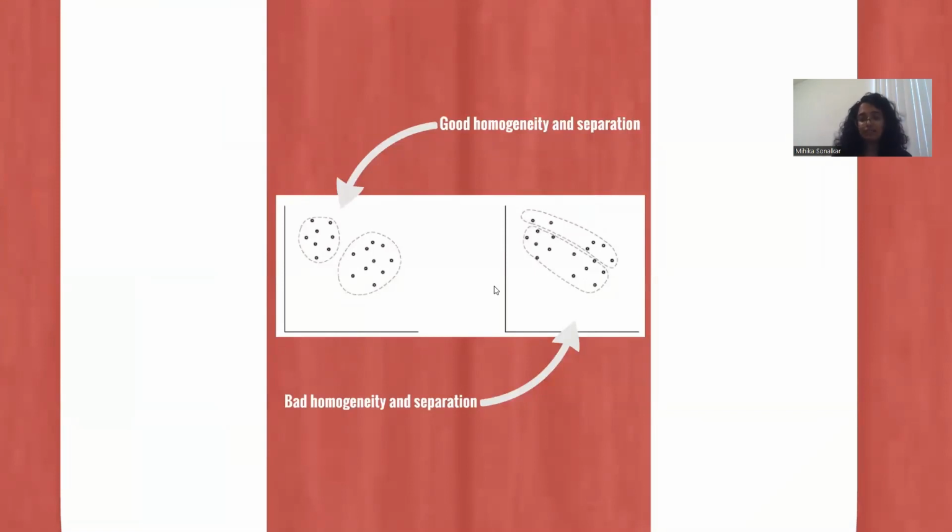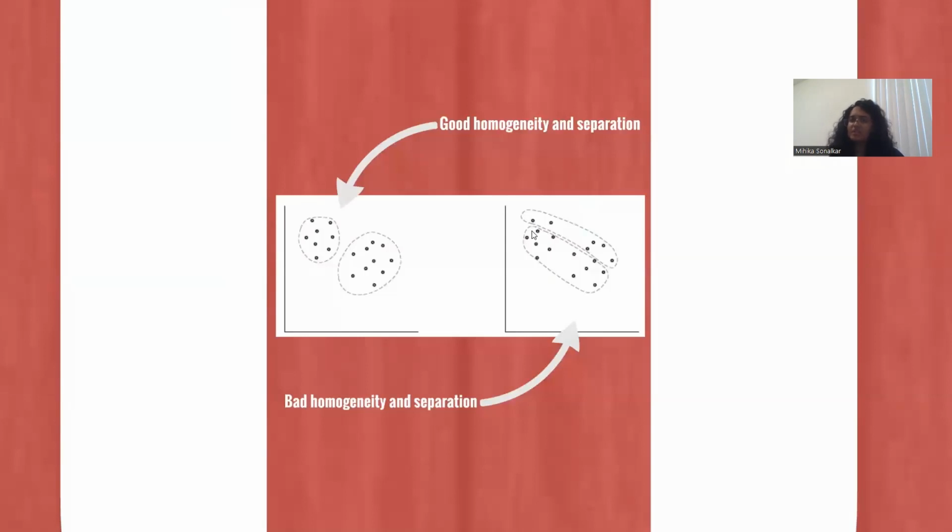But the second graph clearly shows bad homogeneity and separation, because these 2 points over here have a lot of distance between each other and still are part of the same cluster, which means there is no good separation between these 2 points. And these 2 points, for example, are very similar. They don't have a lot of distance between each other.